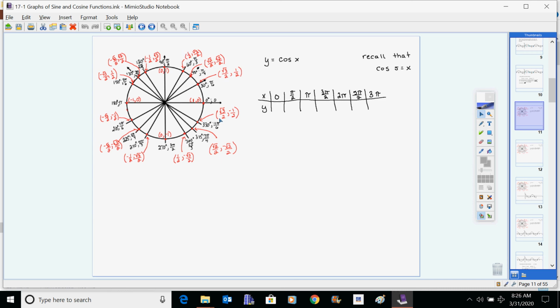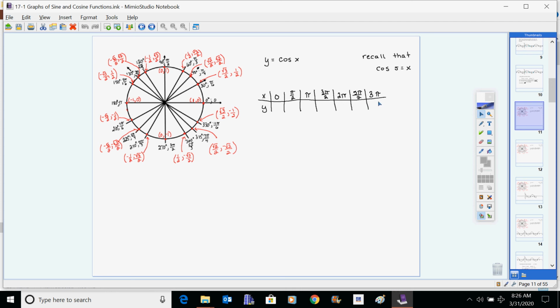Okay, so our cosine here would be 1. Our cosine here would be square root of 3 over 2. Our cosine here would be square root of 2 over 2. Our cosine here would be a half. And our cosine here would be 0, negative 1/2, negative square root of 2 over 2, negative square root of 3 over 2, negative 1, and on and so on and so forth.